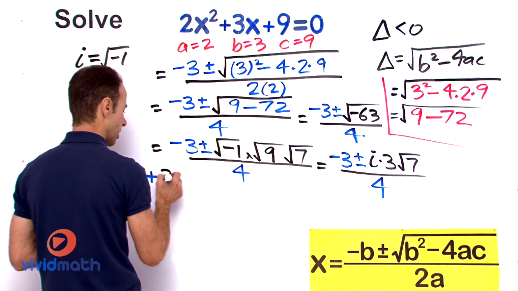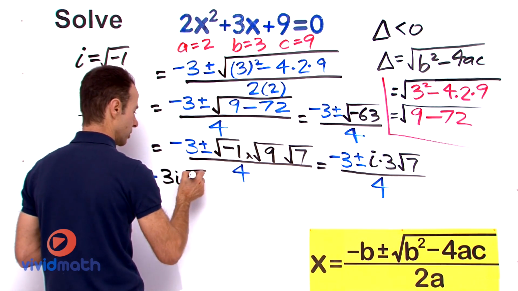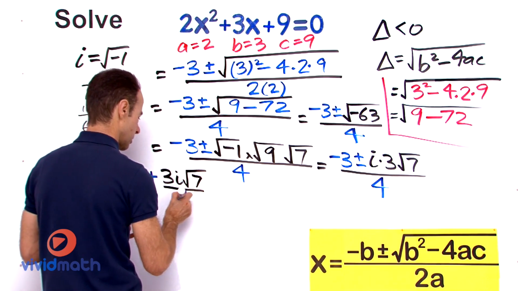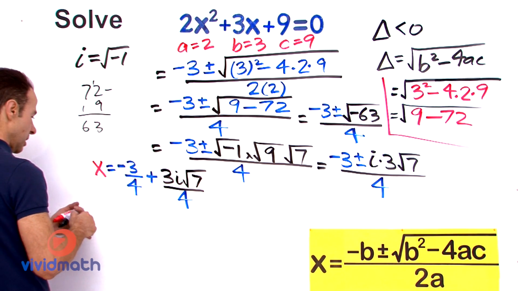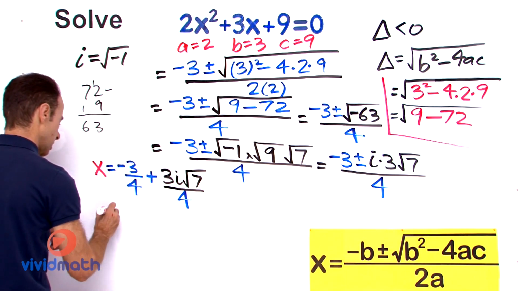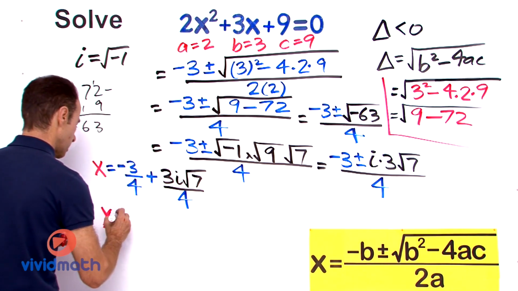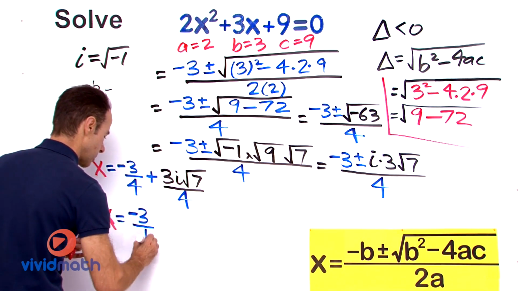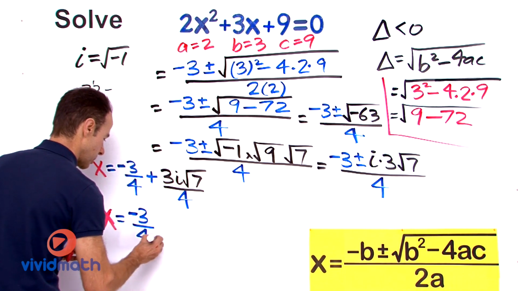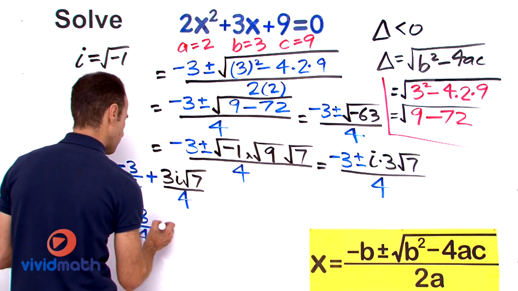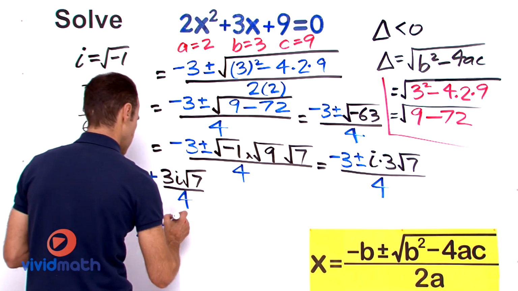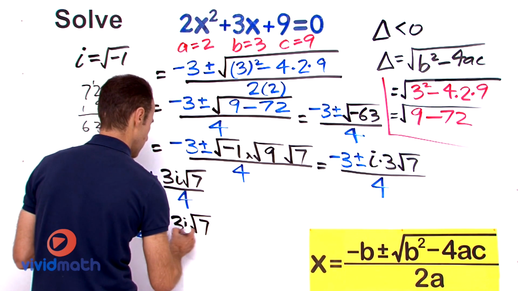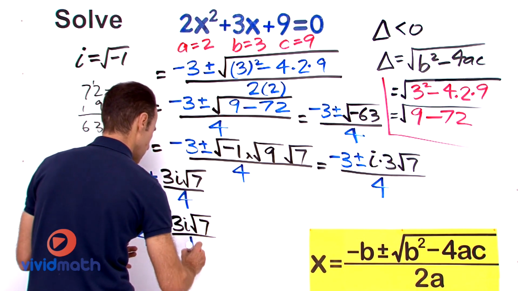That's actually 3i root 7 all over 4. There's one solution, and the other solution, x equals, still minus 3/4. This time it's minus 3i root 7 all over 4.